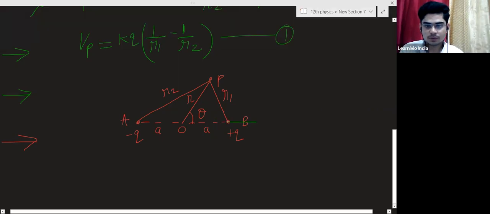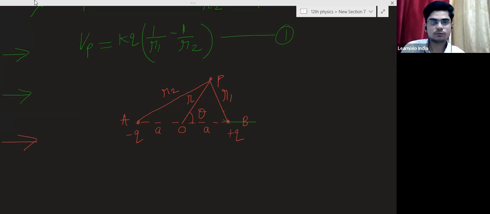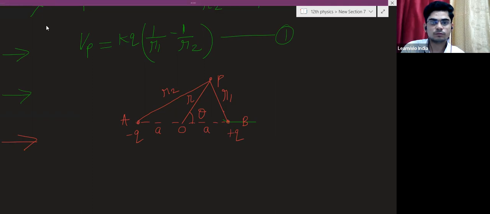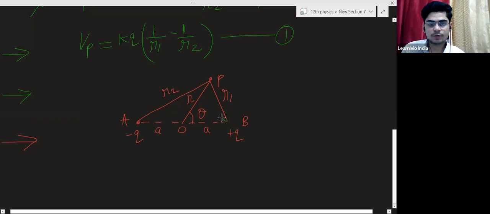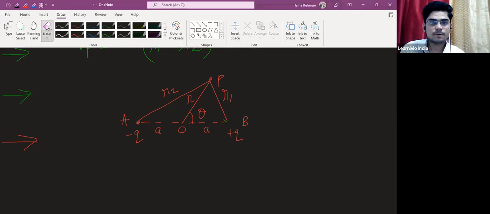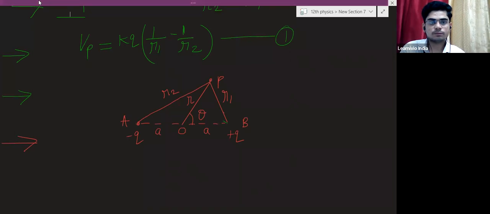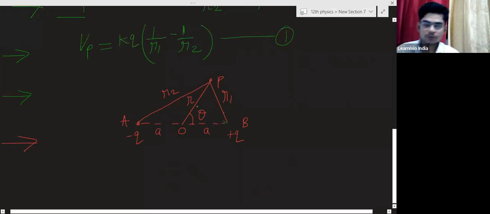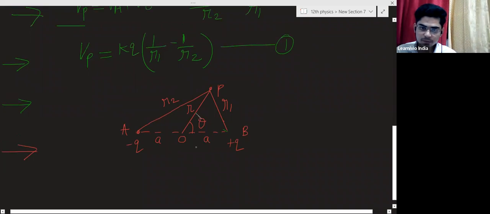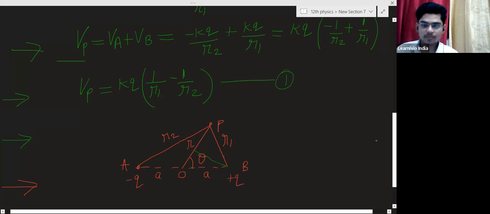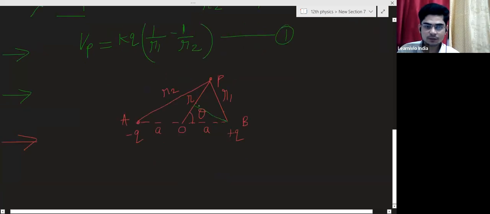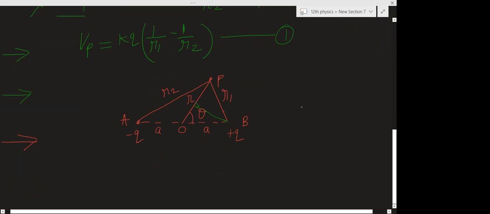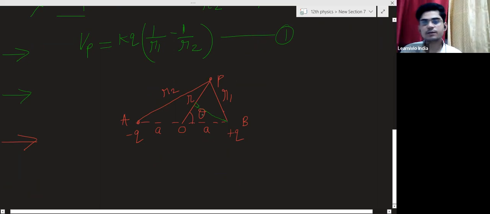Okay, this is the perpendicular to this line OP from point B. So this angle will be 90 degrees.